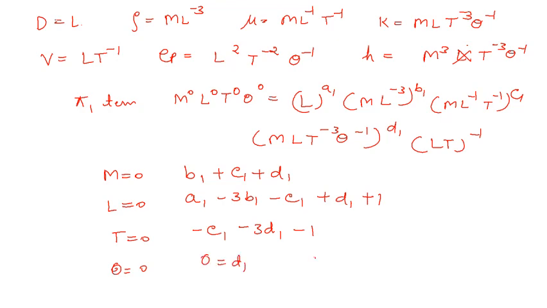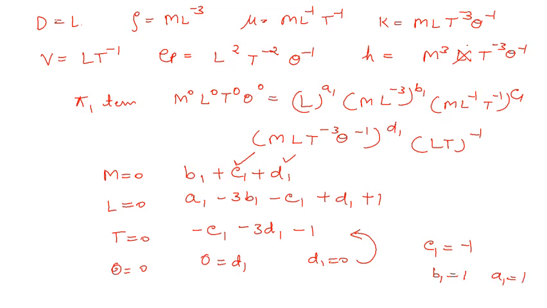From here you can see d1 equals 0. If I substitute this value of d1 into the equation, as we did in free convection, we get c1 equal to minus 1. If I substitute d1 and c1, I get b1 equal to 1 and a1 equal to 1 here.